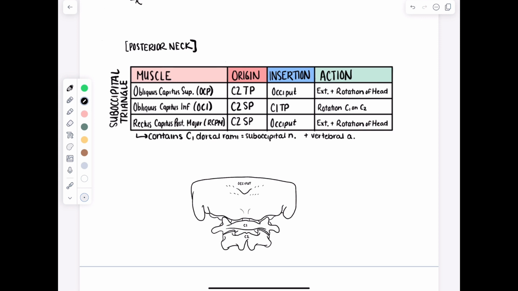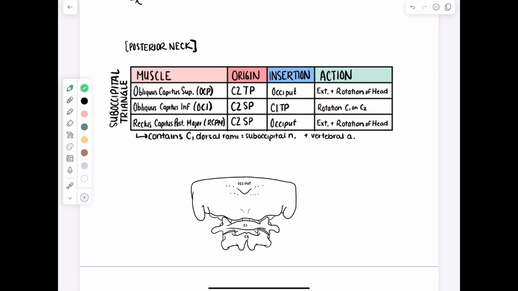You can see my drawing here, and I just want to draw for you where we find these muscles of the suboccipital triangle. Let's do the first one. You can see I have an origin and insertion. Our obliques are going to go at an angle, right?